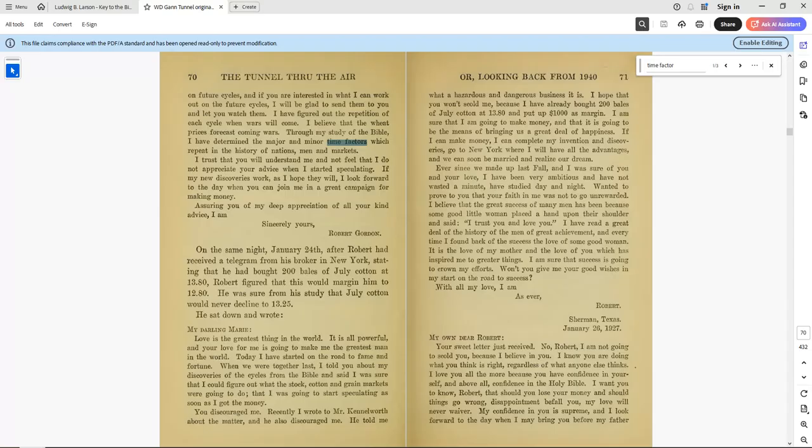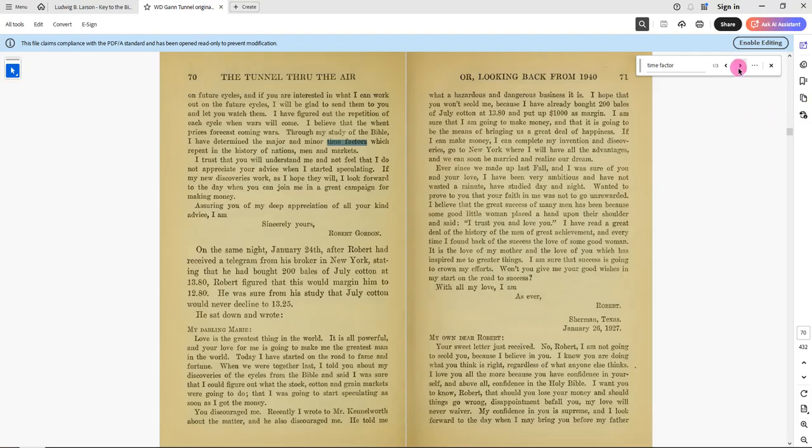Think about that. If you don't understand that, take a look into that a little bit. What does the 1940 represent in terms of a cycle, potentially? He lists this, the term time factors comes up twice, and time factor 1 time.